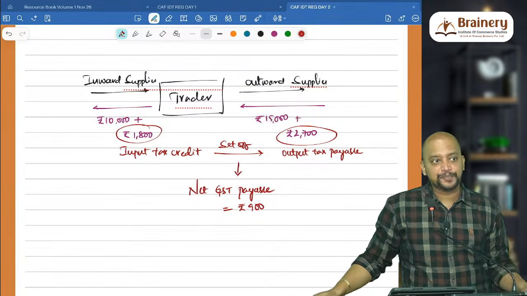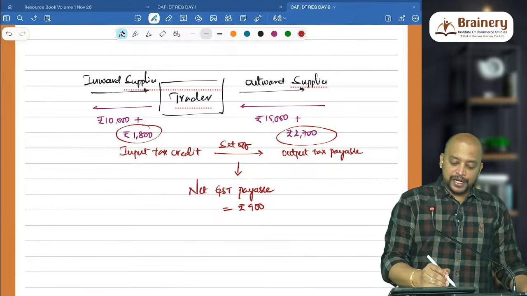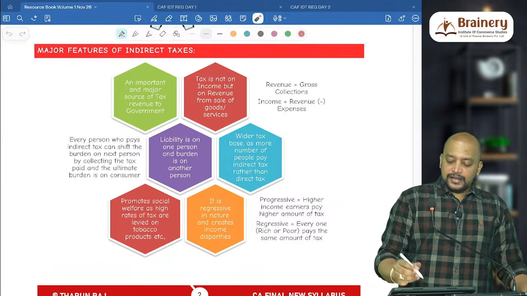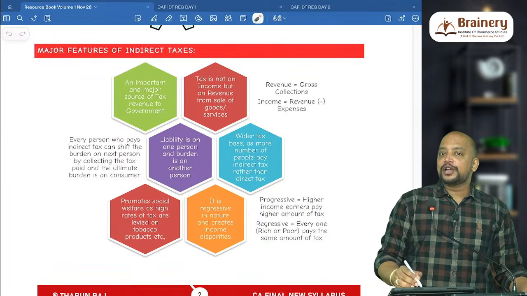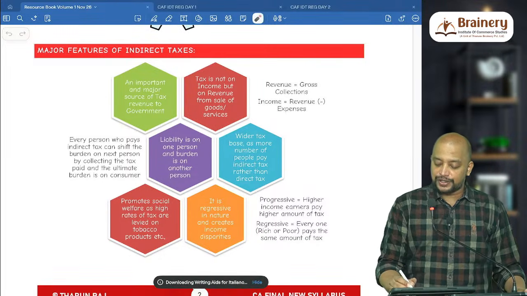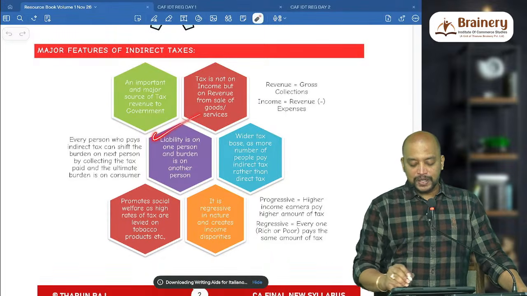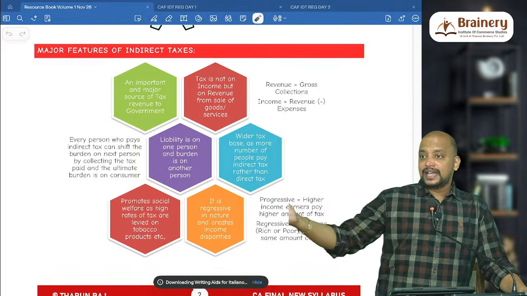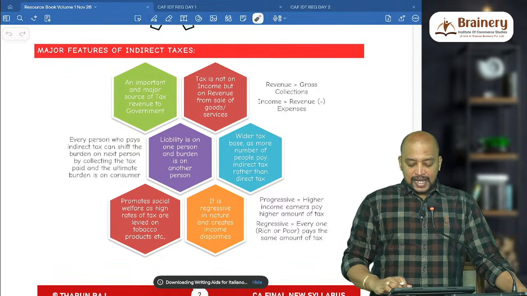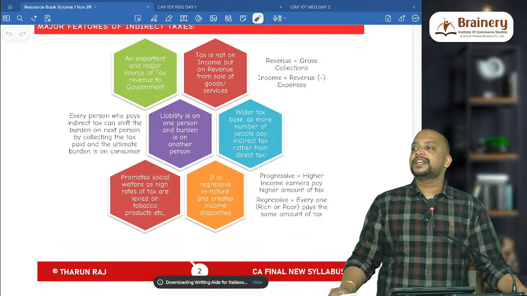Is that clear? Understood? Now coming back to this, whether indirect tax is going to be on the revenue, yes, of course it is going to be on the revenue, that is, gross collections. And we know the liability is on one person and the burden is on the other person. And wider tax base, that also I told you, a lot of people are covered under indirect taxes.